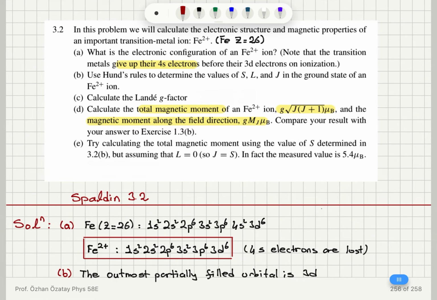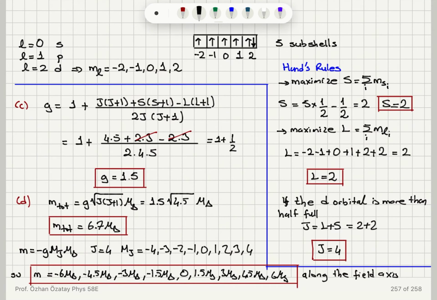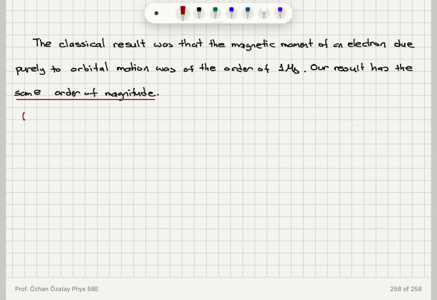So part E of the problem: try calculating the total magnetic moment using the value of S, assuming L is equal to 0, so that J is equal to S. In fact, the measured value is 5.4. So we're going to calculate the total magnetic moment, and this time J is equal to S. If S equals 2 but L equals 0, J is equal to 2.